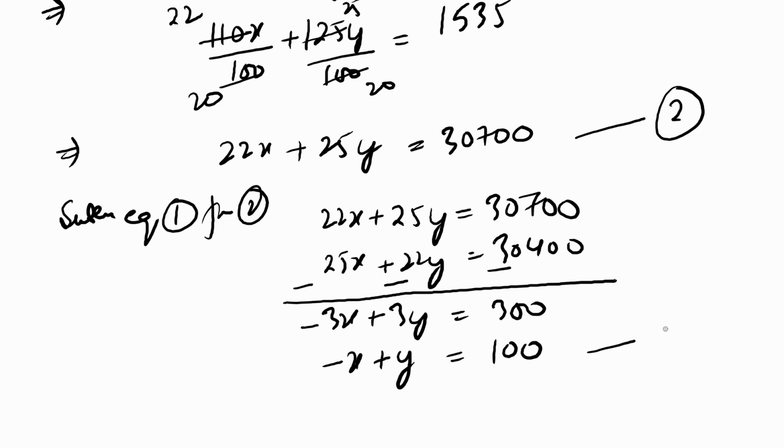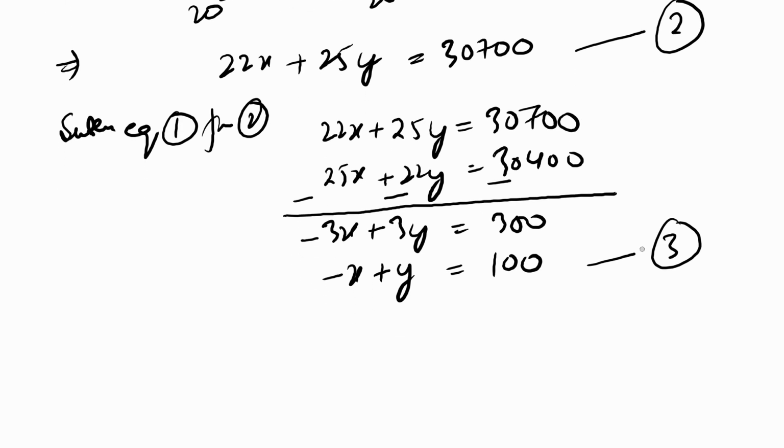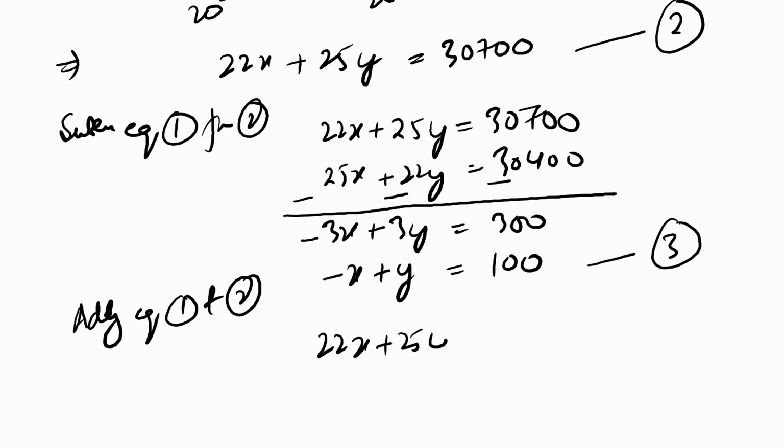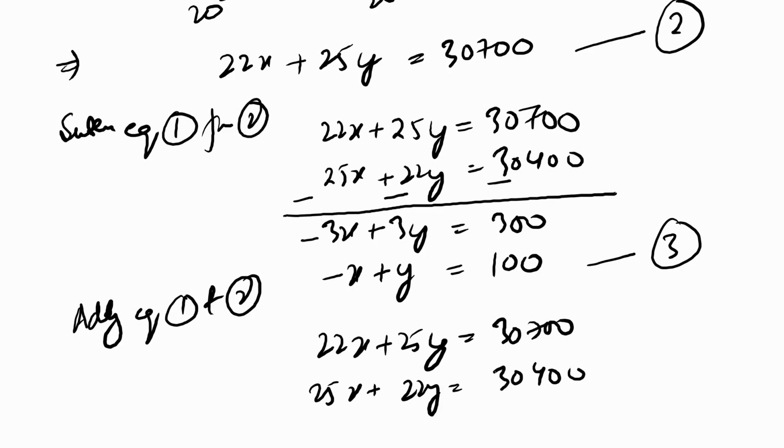This will become equation number 3, and then I will add these two equations. Adding equations 1 and 2: 22x plus 25y is equal to 30700, and 25x plus 22y is equal to 30400.